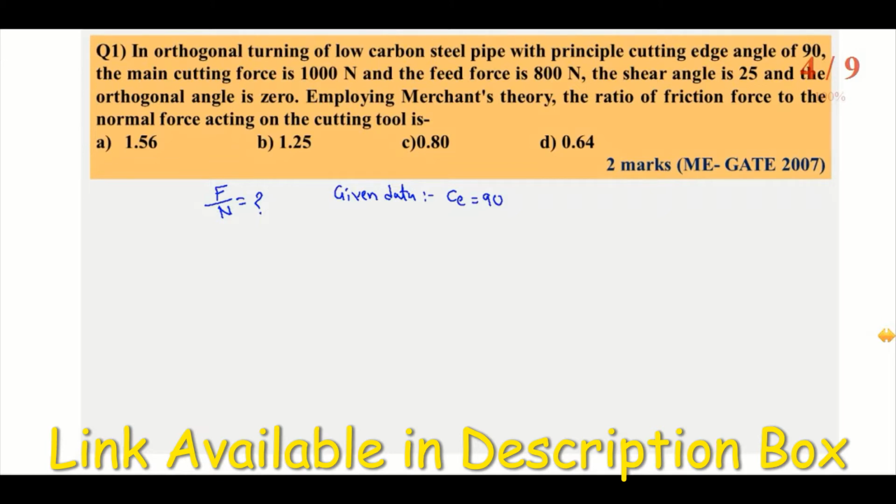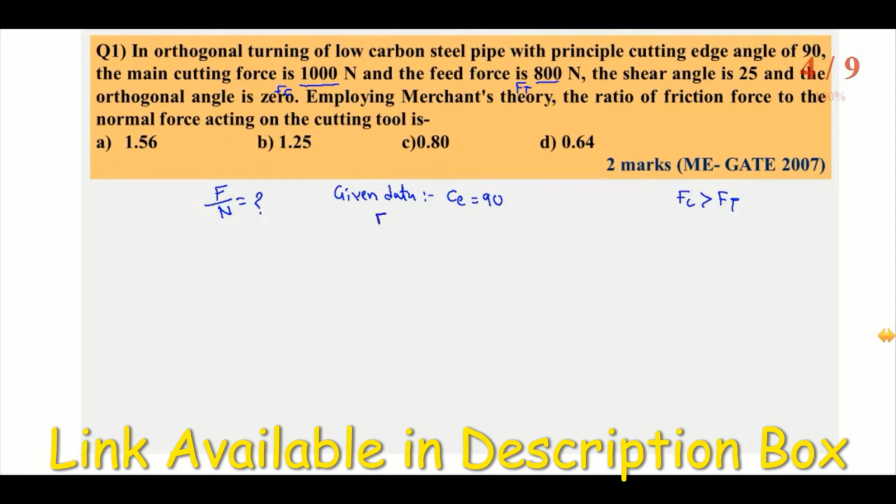We know that FC is always greater than FT. So if the cutting force and thrust force are not specified, whichever force value is higher will be FC, and whichever is smaller will be our FT.